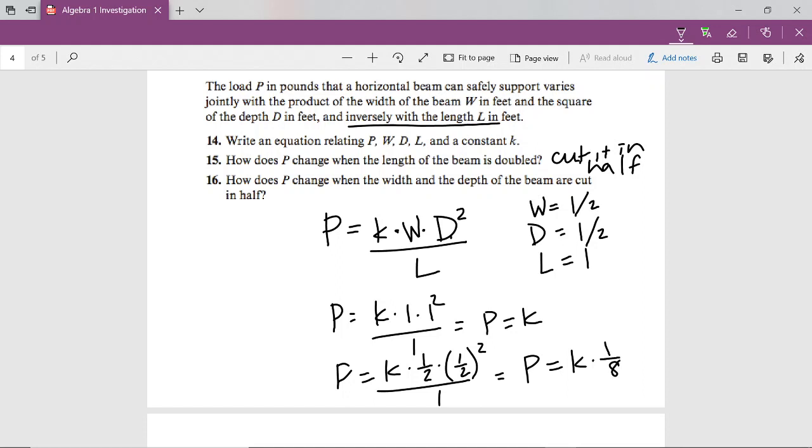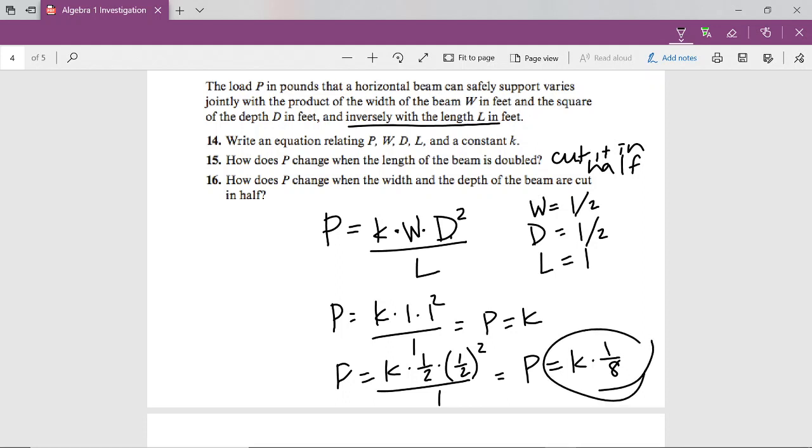If I decrease the width and the depth of the beam, then I decrease how much it can support. With this, let me just make sure that I'm saying the correct things. With this, we divide how much it can support by 8.